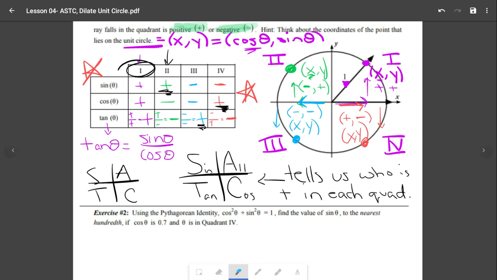So if I say I'm in the third quadrant, what is cosine in the third quadrant? Because there is a T in the third quadrant, that's telling me that only tangent is positive there. So if I am cosine and I'm sitting there, by default, I would have to be negative. So we're going to see how to use this in the next few problems.